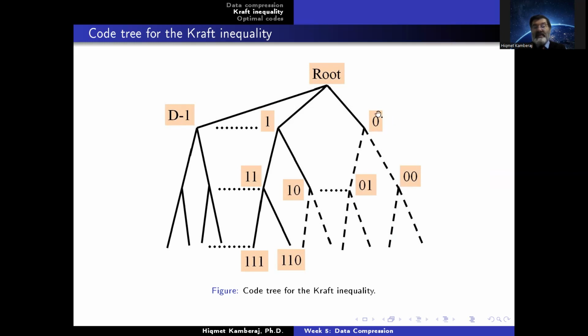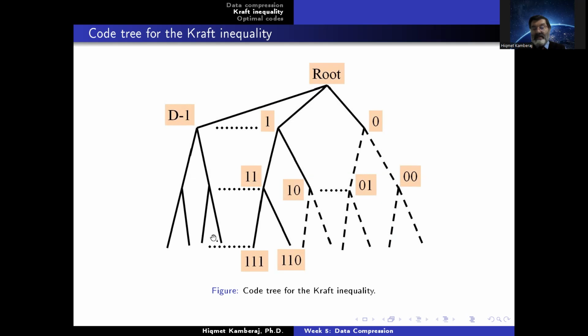So this means that if I go to the right from 0, it extends to 0, 0 on the right and 0, 1 on the left. Then I can follow the next one, 1. 1 adds a 0 if I go to the right branch and a 1 to the left branch, and becomes 1, 1 to the left, 1, 0 to the right. And so on, I can continue.